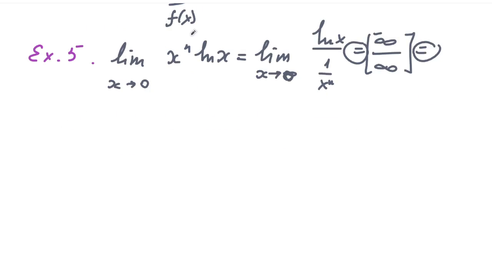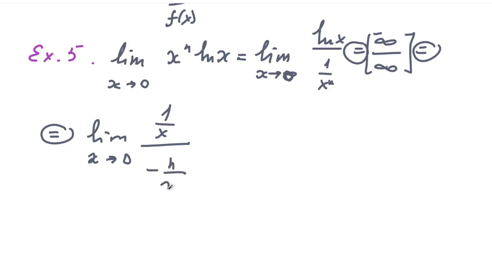Use the rule of L'Hopital. We have limit as x approaches 0, derivative of natural logarithm is 1 over x, derivative of our denominator is minus n over x to the power of n plus 1. And there we have just minus limit as x approaches 0 of x to the power of n over n, or just 0.